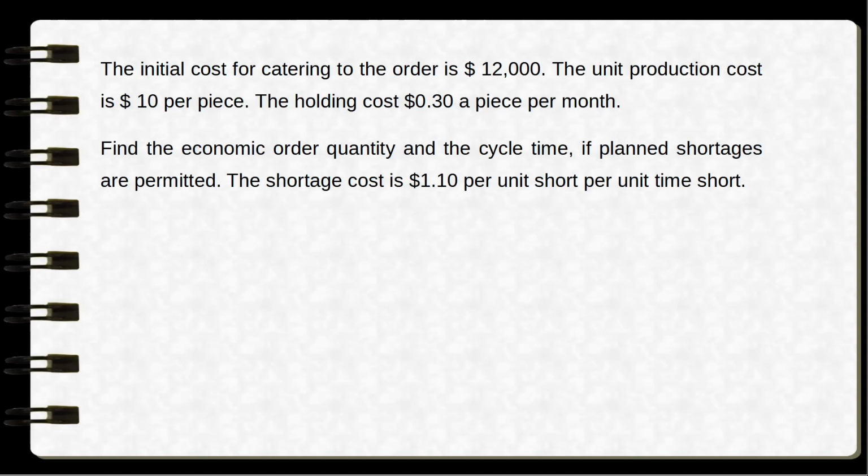So C is $10. The holding cost is $0.3. So H is $0.3. Find the economic order quantity and cycle time if planned shortages are permitted. So here in this problem, we take up planned shortages too. The shortage cost in this case, P, is going to be equal to $1.10 per unit short per unit time.